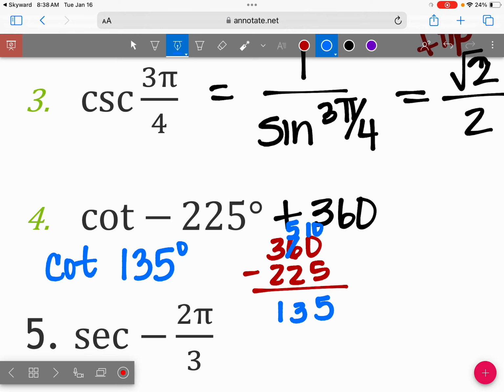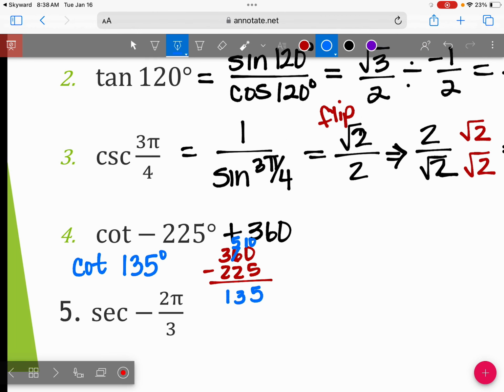So we need to find the cotangent of 135. Who remembers how you find the cotangent? Raise your hand, don't just yell it out. Gavin? Cosine divided by sine.